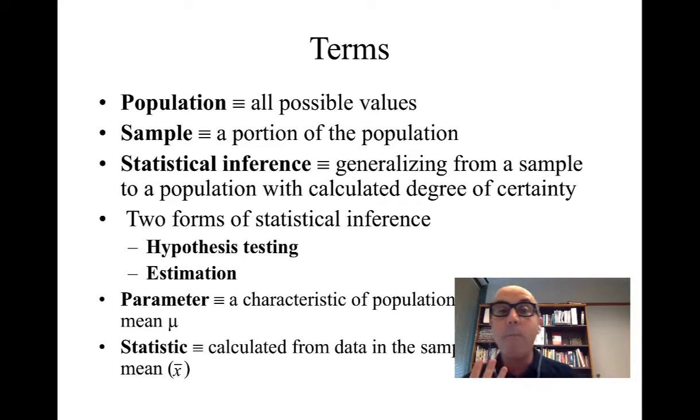So the terms: population is all possible values. A sample is a portion of the population. You are going to start moving into statistical inference, which is the next level after descriptive statistics. We are going to have two forms of statistical inference. One is hypothesis testing, and the other one is estimation.